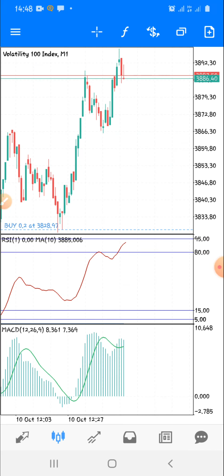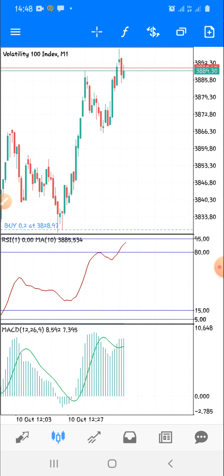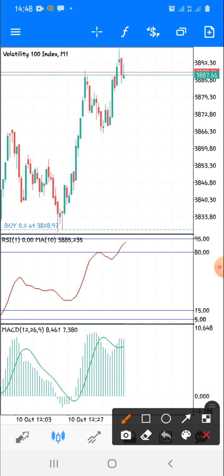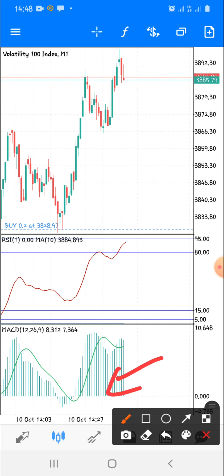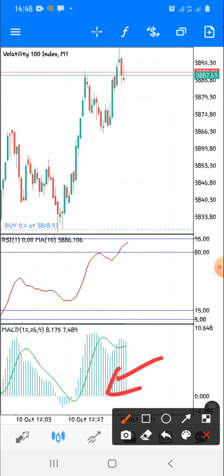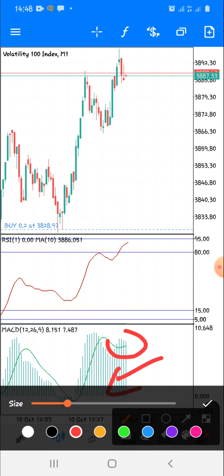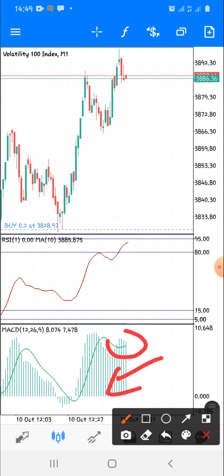Let's click done. Yes, so this is what we call the histograms, and this is what we call the MACD line. Yes, so that's it. That is how.